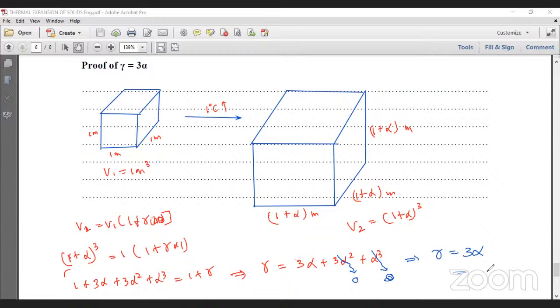But you need to keep in mind that if you are considering length only, you can use linear expansion. If you want to consider area, you can use area expansion, and if you consider only volume, you can use volume expansion. So that's all.